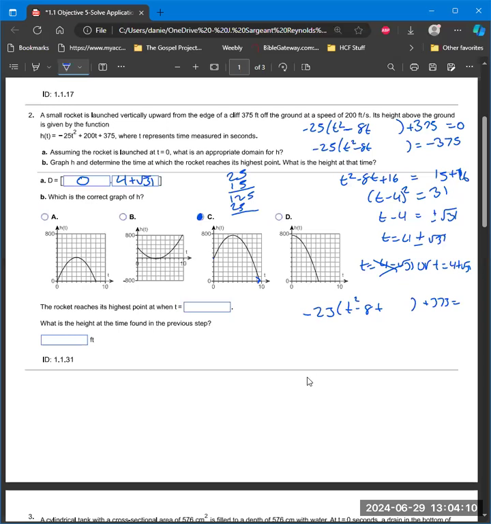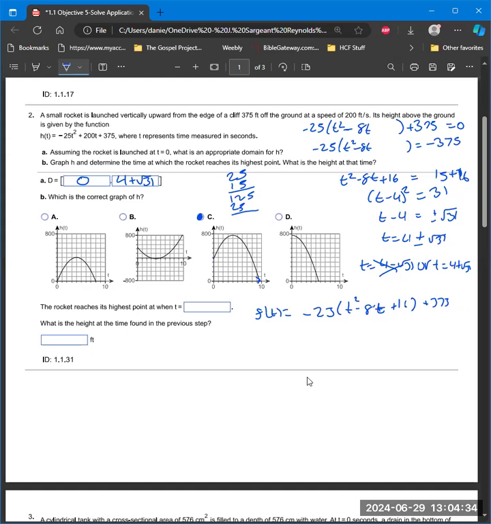This is f of t equals, and then I put a plus 16 in here, and we had to balance it: 16 times 25 is 400.